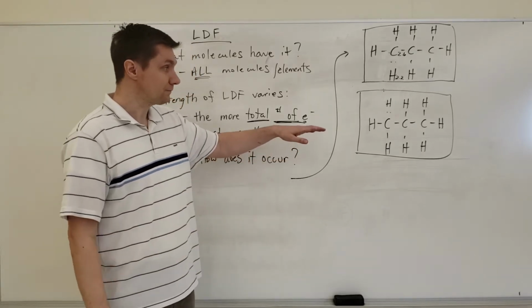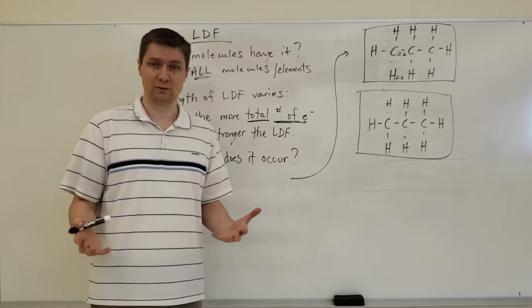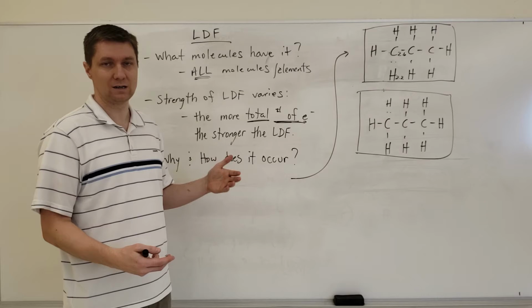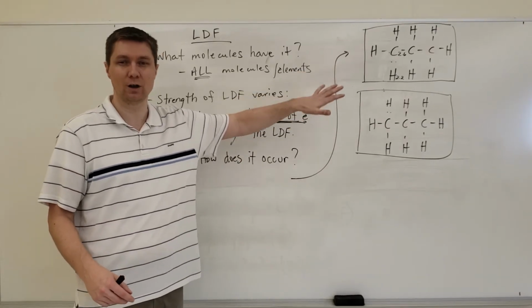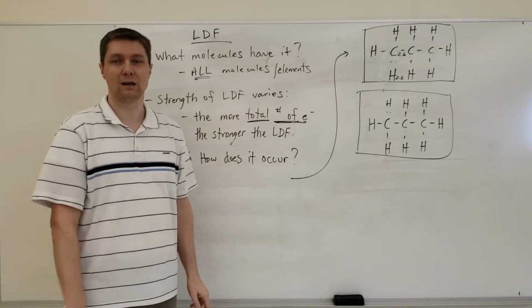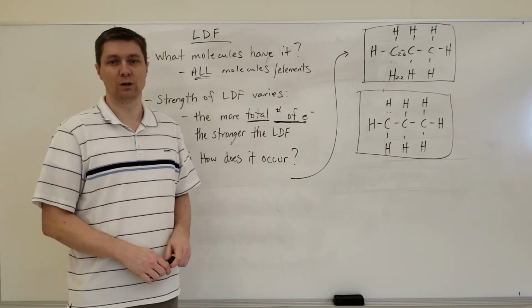And so it is with these molecules as well. The more total number of electrons that they have, the better chance that they have of forming a temporary dipole somewhere within that molecule so that it can align with another temporary dipole in another molecule and create that London dispersion force or attraction between those two molecules.